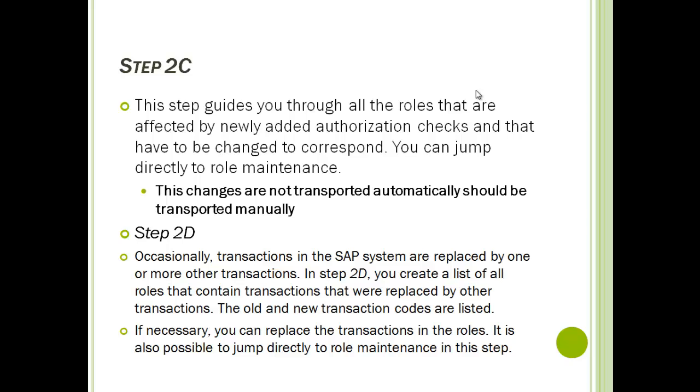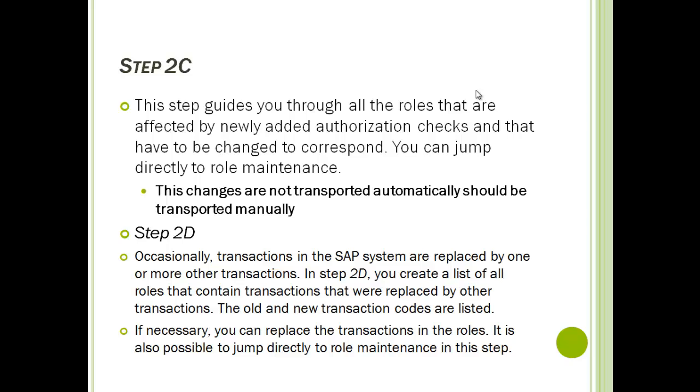So we need to transport manually. We need to list down all the roles which you are going to change in this particular step, and keep a note of all the roles being changed. Then once you are done with everything, create a transport request only for those specific roles.